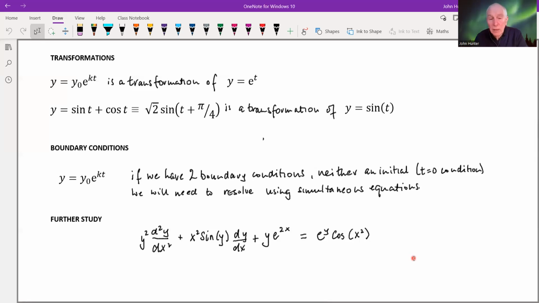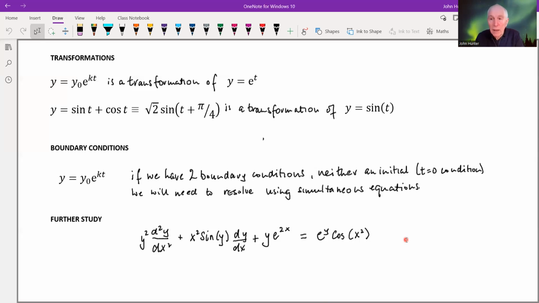It's a very large area of study, and if you were interested in taking it further, there are plenty of resources available that would help you study differential equations. This sort of thing is very important in engineering. If you're going into any engineering discipline, you will be doing more work with differential equations.